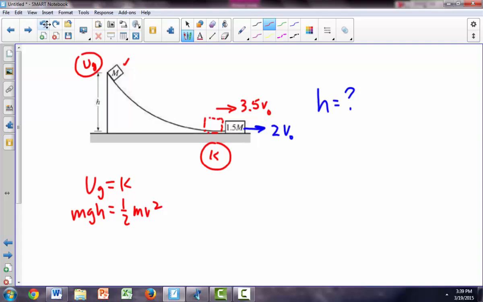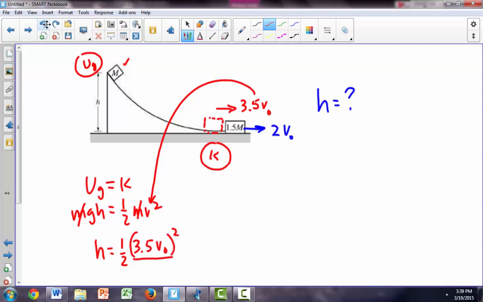We know what this final velocity is. It's 3.5 V0. I have to substitute in my variables now, but my m's are going to cancel out. So my initial height is going to be 1/2 times 3.5 V0 quantity squared divided by g.